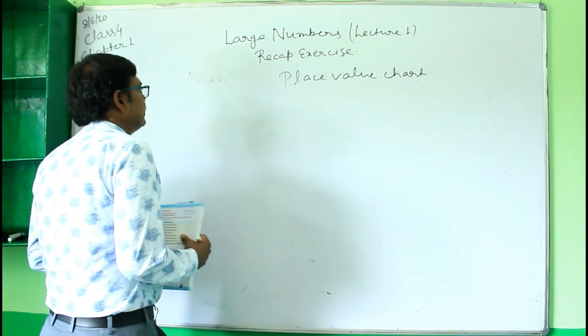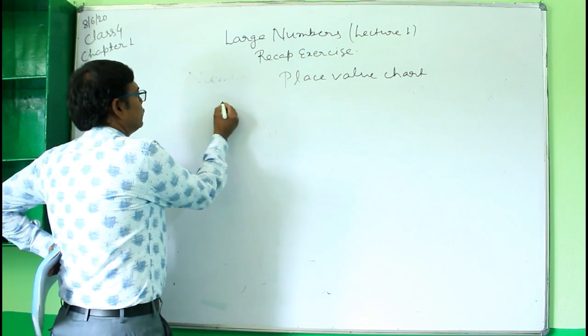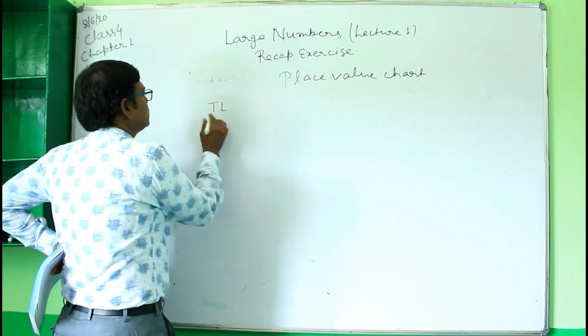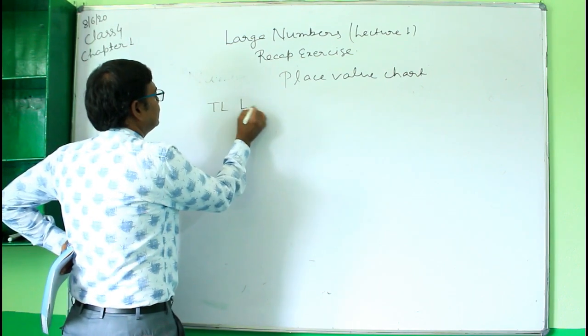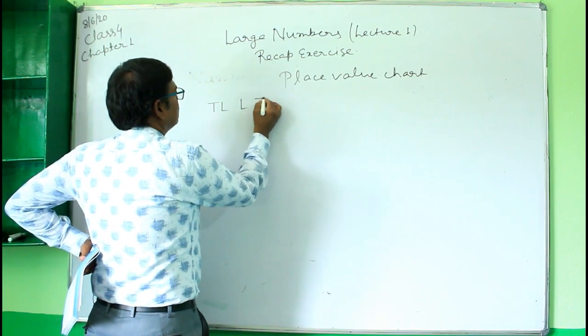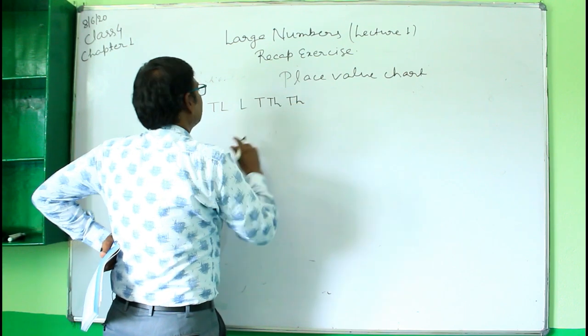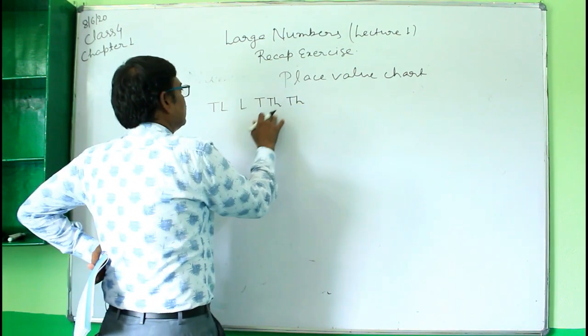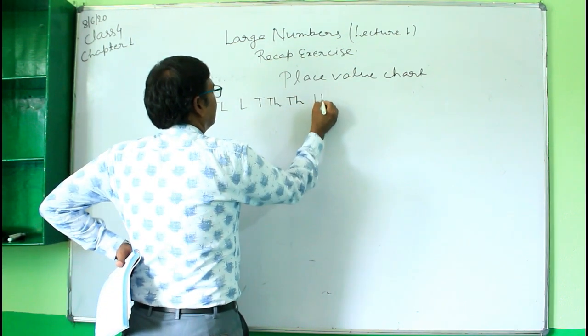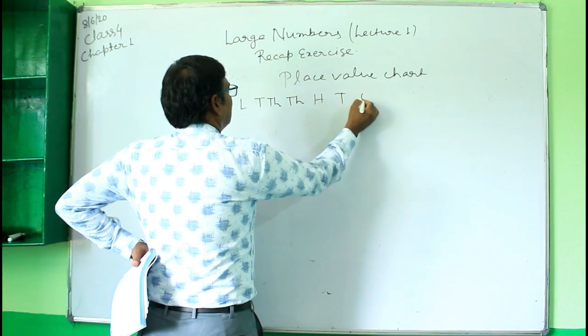In the place value chart, first you will write 10 lakh, then lakh, then 10,000, then 1,000, then 100, then tens, and then ones.